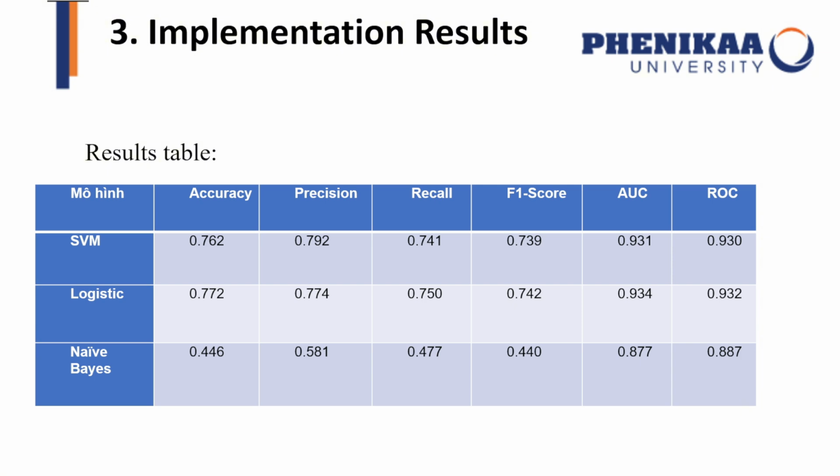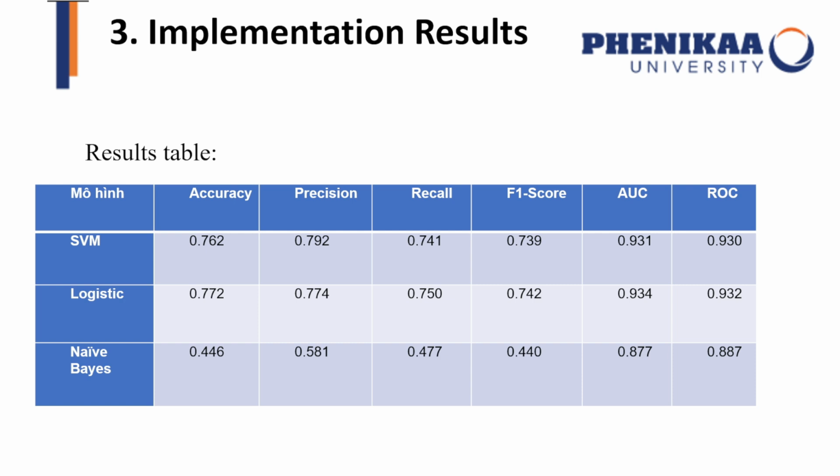Based on the results in the data table, it can be seen that logistic regression achieved accuracy 0.772 with a good balance between precision 0.774 and recall 0.75, resulting in an F1 score of 0.742.